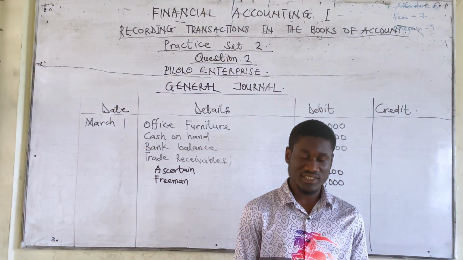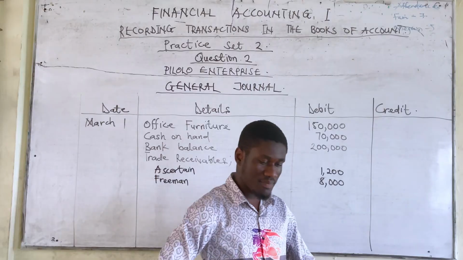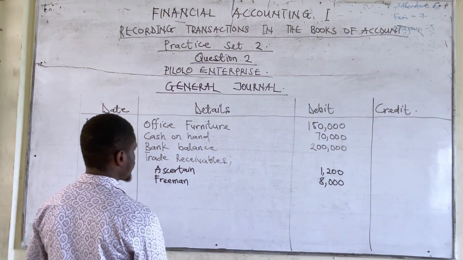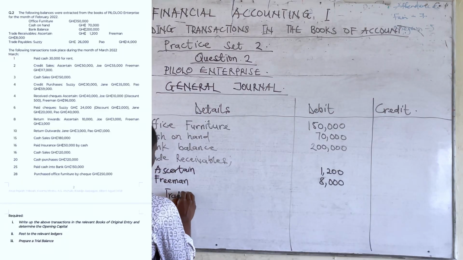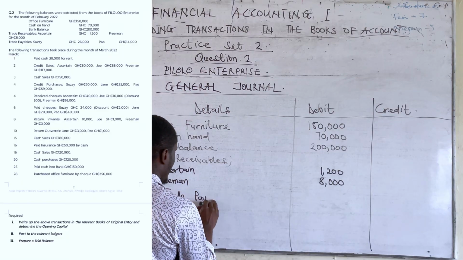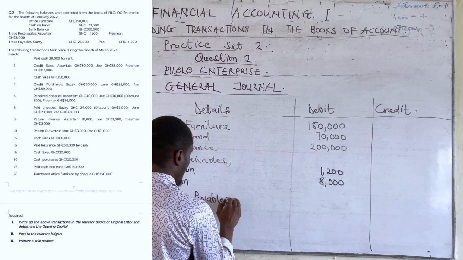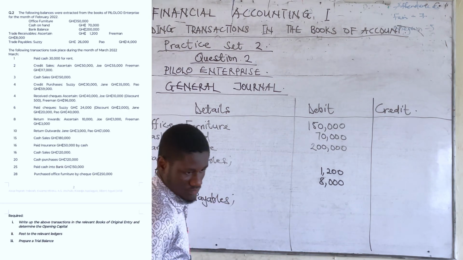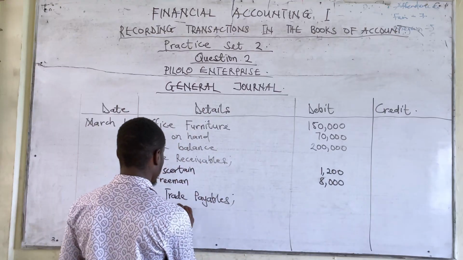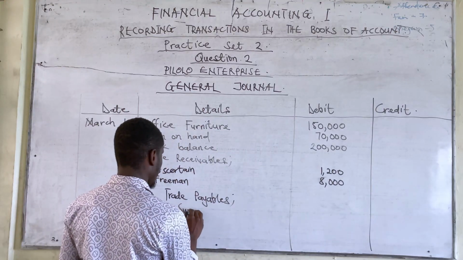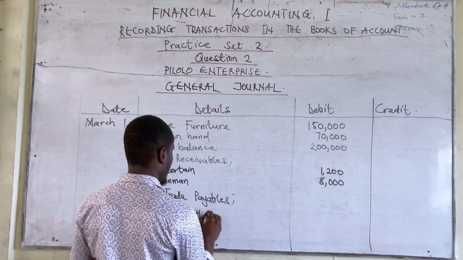So we move to our trade payables, which is the liability. That's the only liability we have in the question. Okay, so when we come here, our trade payables, Susie and Paul, they are the only creditors that have balance.